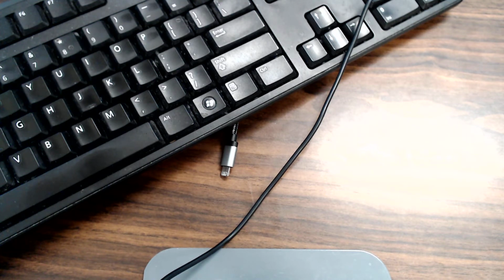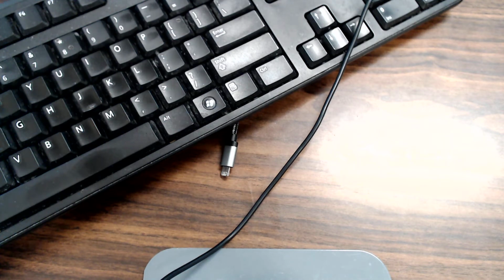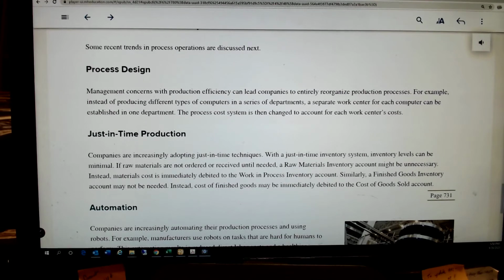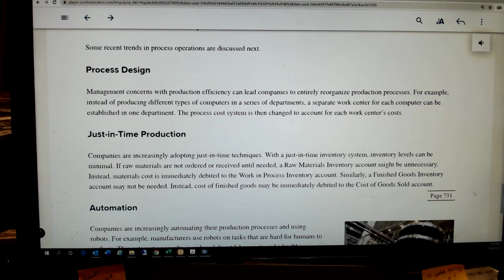The only difference in the entries is the direct materials being used, the direct labor being used, and factory overhead being assigned to multiple work in process accounts, not just one. So that'll be this chapter. There won't be one big problem for you to do, but I'm sure they'll ask questions just like that, giving you some data and asking certain questions about it.